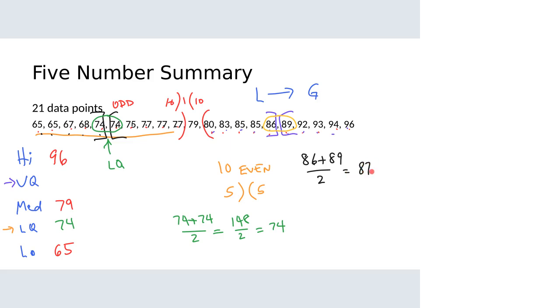And that's 87.5. And so our upper quartile of this data set, the median of the upper half, is 87.5. It's perfectly fine for the median not to be a number that's in the data set, for the quartiles to be numbers that aren't in the data set. But that's finding a 5-number summary.